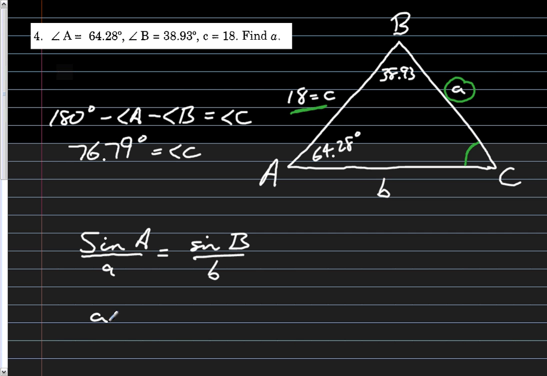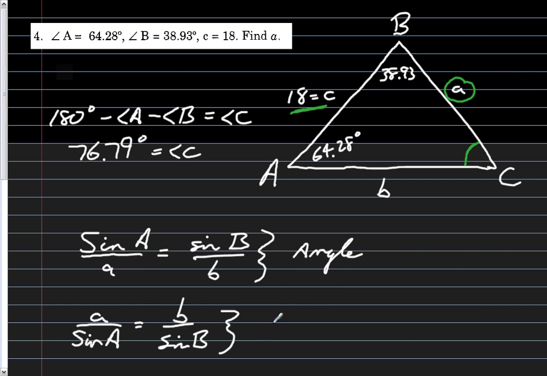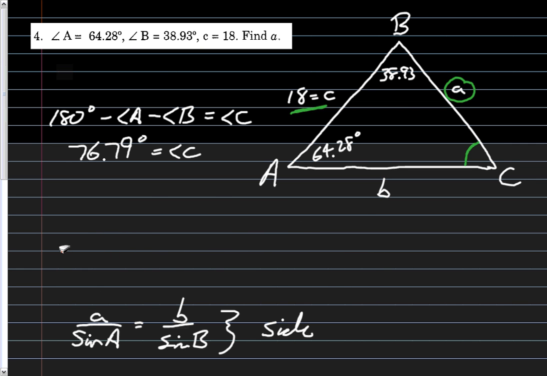So that means if we're solving for side A, then A over the sine of angle A is going to equal B over the sine of angle B. And so we can pick either this form, if we're solving for an angle, since it's already on top, or we can pick this form if we're solving for a side. So I'm going to pick the form for side, and I'm just going to demonstrate the substitution here.